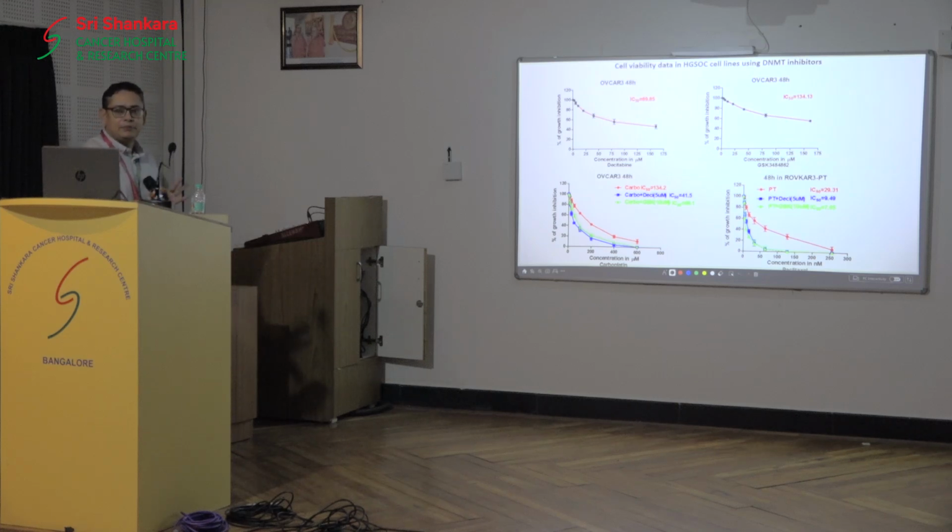Decitabine is an already established drug used for AML, and the GSK inhibitor is specific for DNMT1. When we introduced these in the OVCAR3 cell line, the IC50 value was reduced, but not so much, with decitabine and GSK.